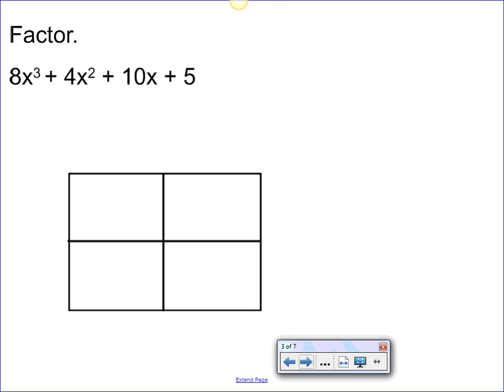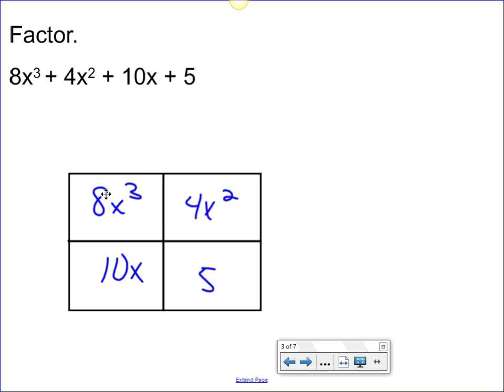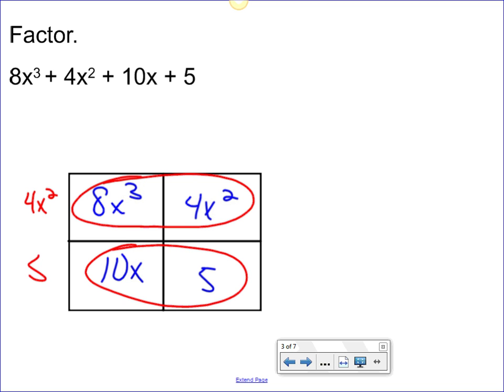So you might see something like this. So how are we going to do this? Well, here's how we're going to do it. Each term gets a box, and then we simply look for the greatest common factor. The greatest common factor of those two would be a 4x squared. The greatest common factor of these two is a 5.